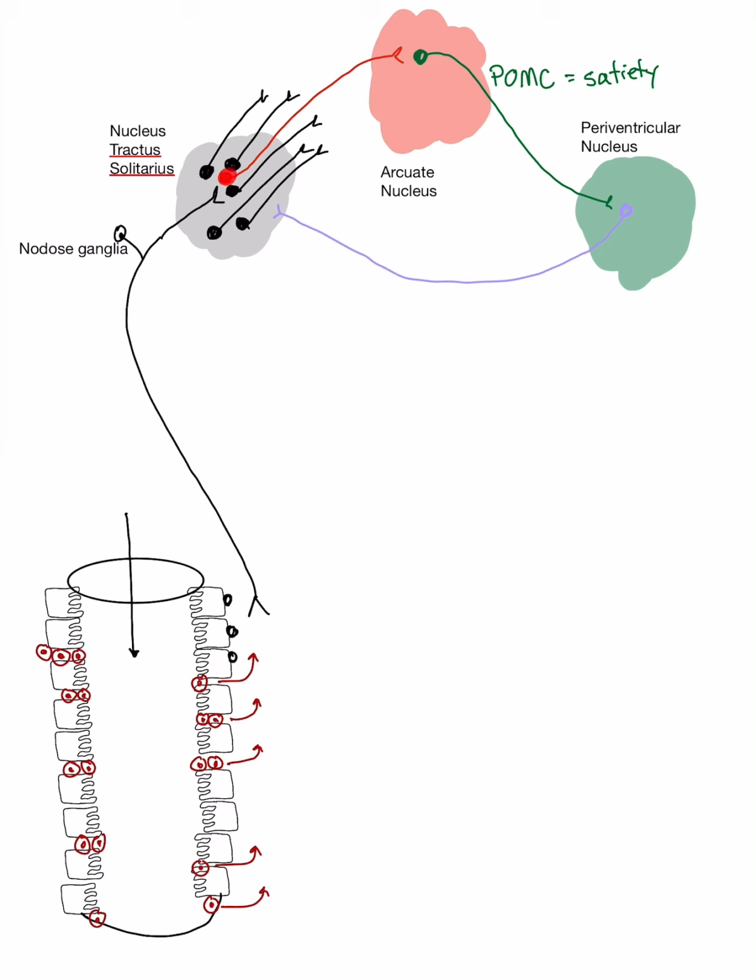But there are neurons that go from the nucleus tractus solitarius that are influenced by the vagus nerve that go up and release GLP-1 up here. And GLP-1 will increase the firing rate of these POMC neurons, which will increase satiety, or decrease food intake.